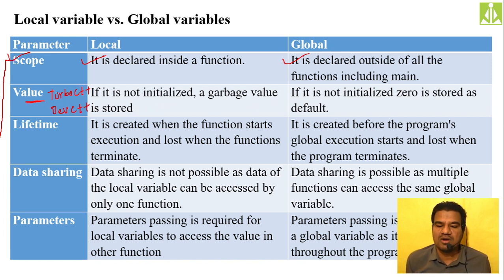So what default value, what initial value do they take when you are not doing any initialization for global or local variables? For local variables they will take garbage value. This garbage value point we discussed many times before this video as well. So if the local variables are uninitialized, they will take garbage values, and if global variables are uninitialized, by default they will take zeros.